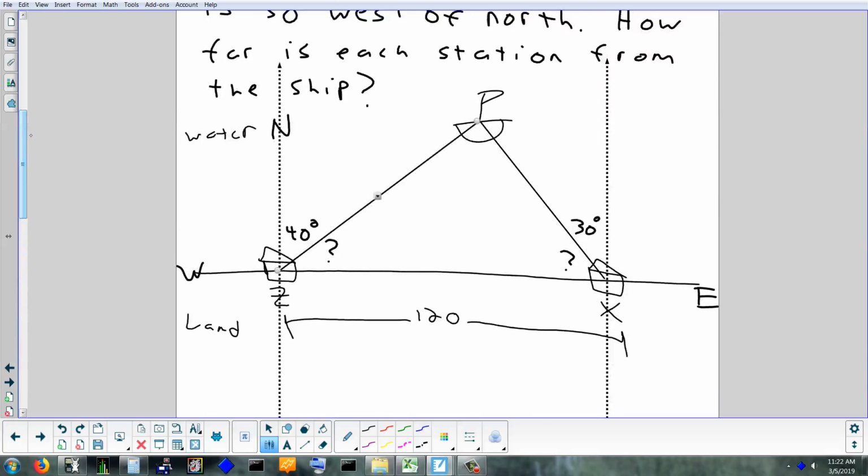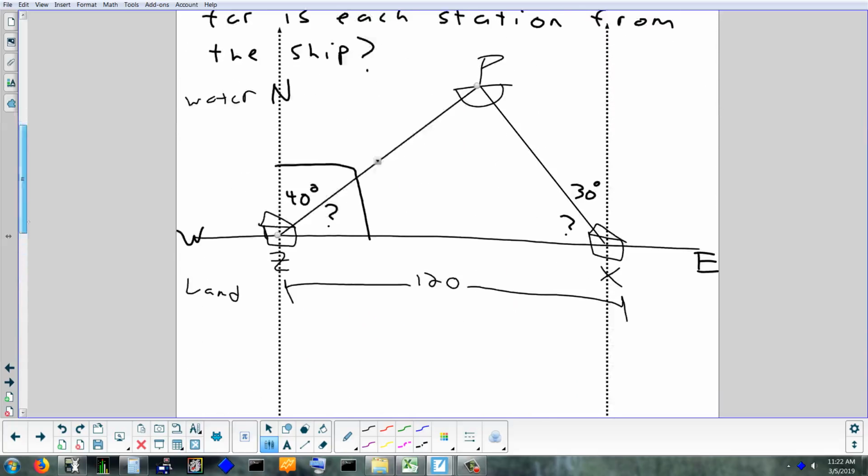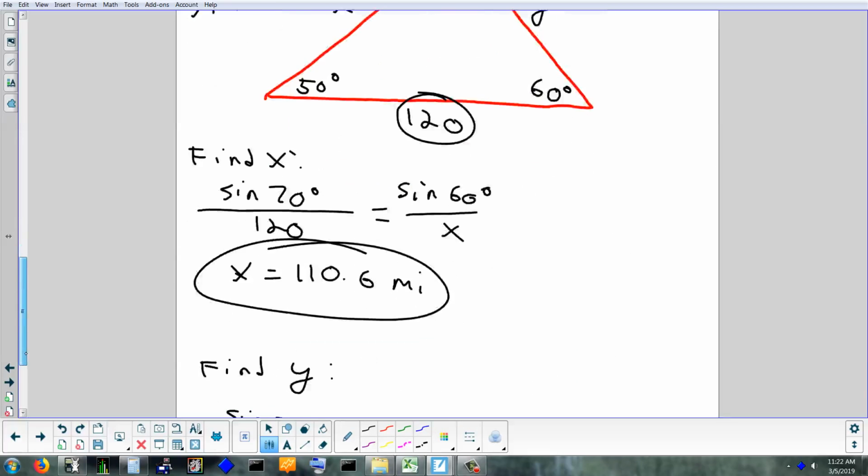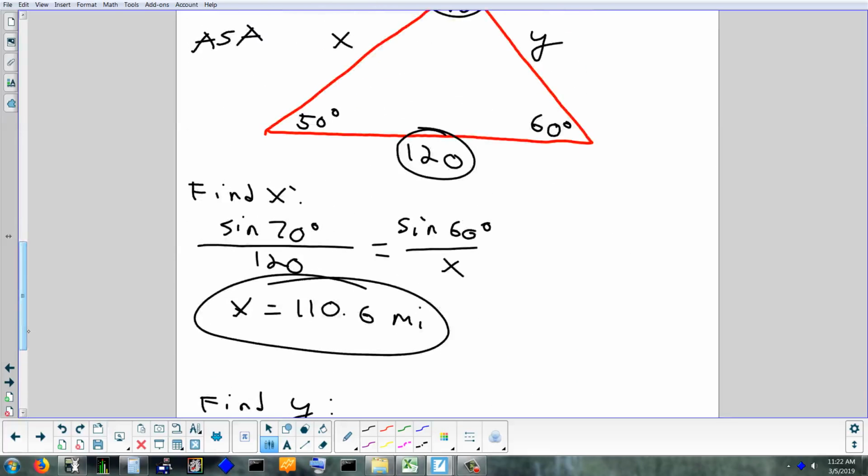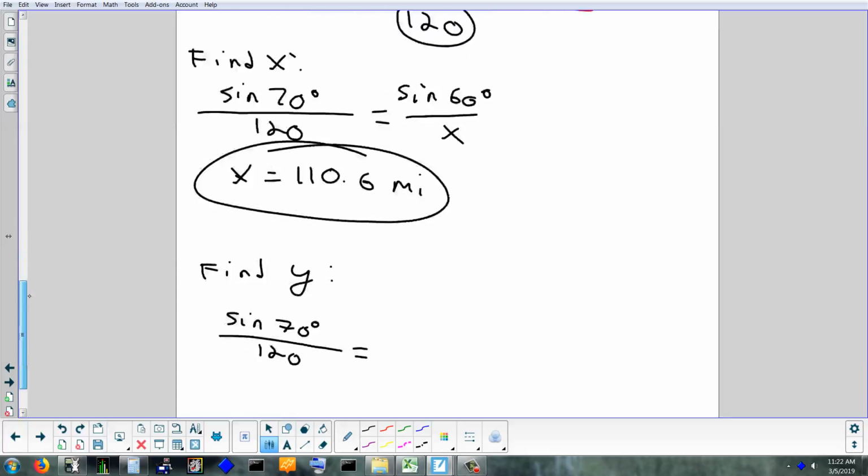How did we get those instead of using the 40 and the 30? Yeah, okay. Complementary. They have to be complementary because this is a 90. And you're interested in the angle in the triangle, not the one on the outside of it. Okay. All right. So we've got sine 70 over 120, sine 50 over y.